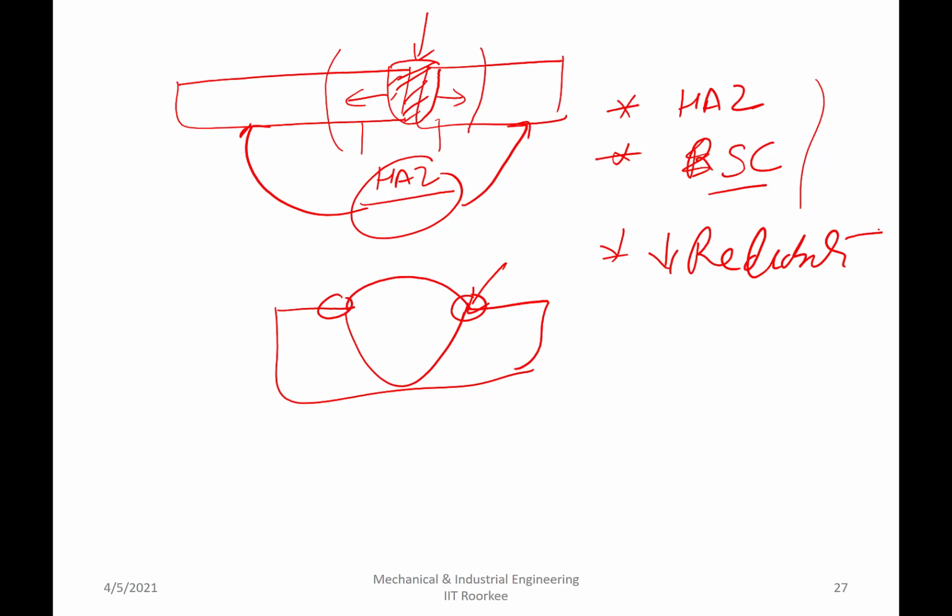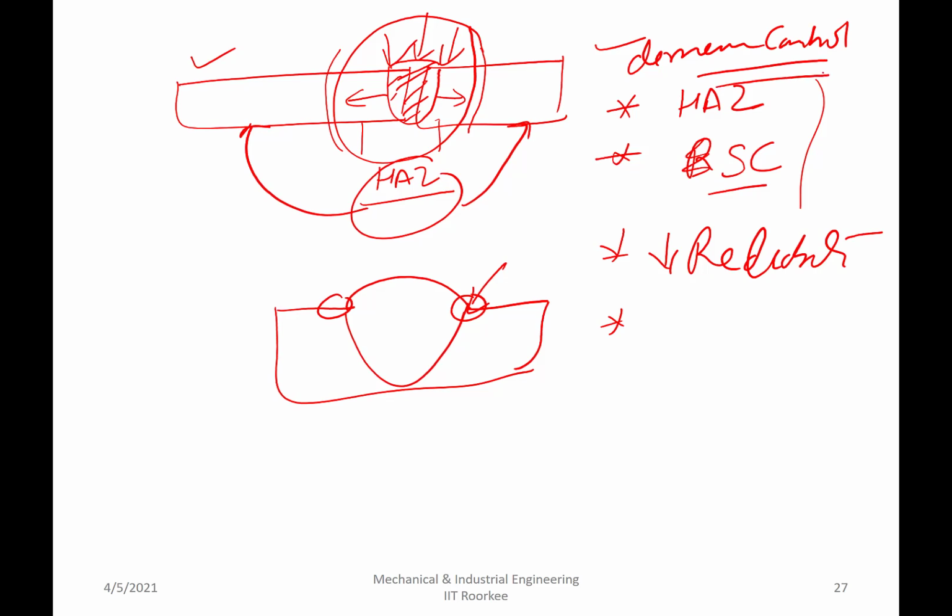Whenever heat is applied in a very localized manner, this section expands due to heating while other sections remain cool. Differential expansion and contraction lead to poor dimensional control. Plates may bend like anything. You start with a flat plate, and after welding you find that it has gone out of shape by 1 foot.